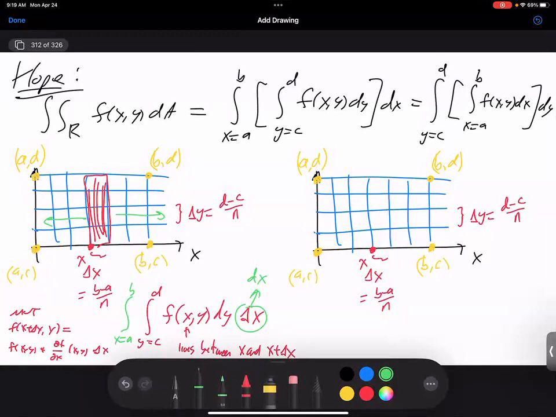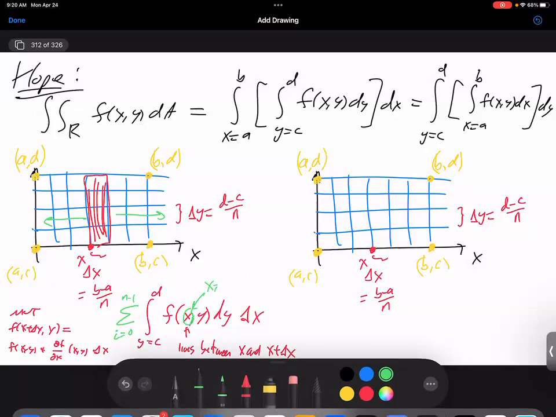If you really want to do it rigorously at this point, not doing an integral, I would do a sum, maybe i goes from 0 to n minus 1, and this would really be x sub i. And that's going to converge and become the first piece as you take the limit as n goes to infinity. I'm just trying to give enough justification for why the double integral can be written like this.